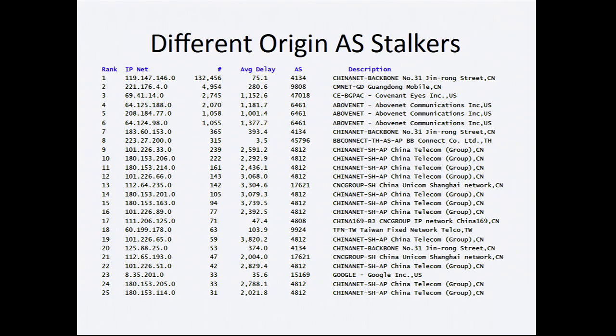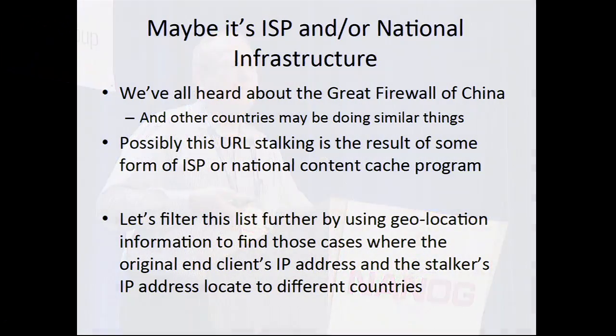So these are the folk who have a different AS from the victim. So whatever's going on, the stalker is in another network. Might be on the path still, it might be on the wire, I don't know. Haven't looked, there's still a bit of Google there. But that's this sort of refined list. And you kind of go, well, I've heard about the Great Firewall of China, you have too. Maybe this is all about nation states getting worried about their citizens.